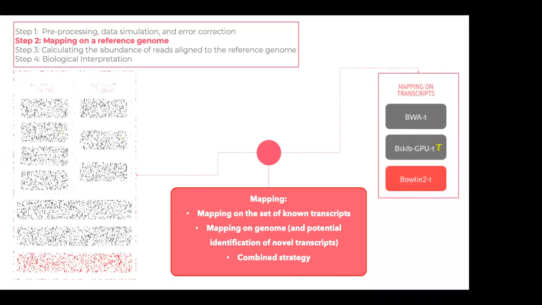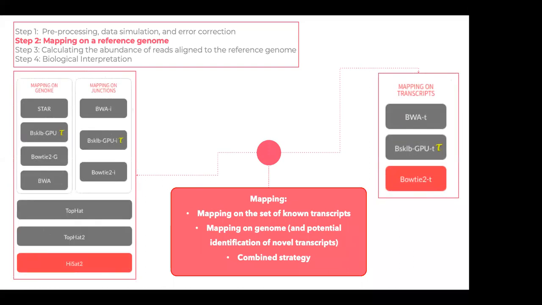The logic behind it is that it's based on a seed approach or a k-mer approach. You can read more about it in the reference publication, which we will also show in the pipeline. And another is TopHat.